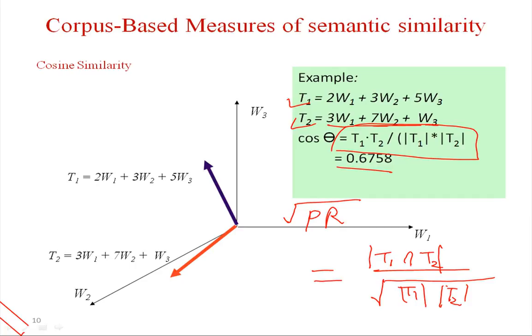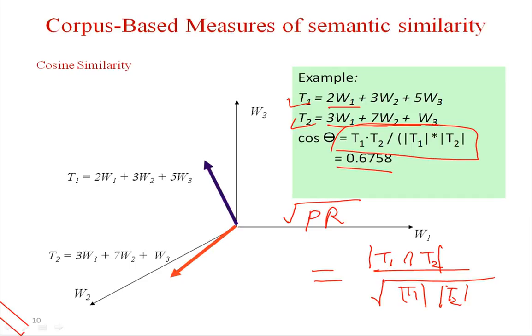After calculation we can easily identify T1 intersection T2. How many terms are common? 2, 3 and 1.